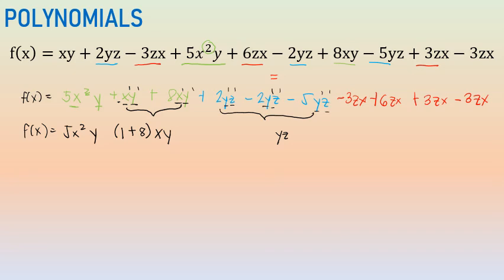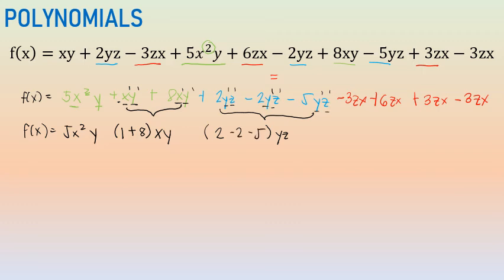Magpareho sila, tig-isa sila ng exponent 1. Okay? So now, going back, yz, ano yung mga numerical values ng mga terms dito under yz? Meron tayong tatlong terms, 2yz, minus 2yz, minus 5yz. Meron tayong positive 2, ito yon, negative 2, and then negative 5.